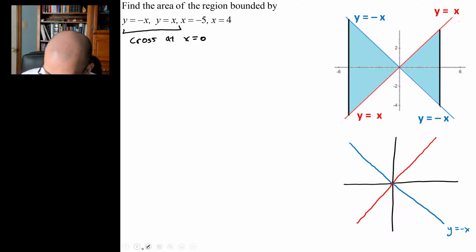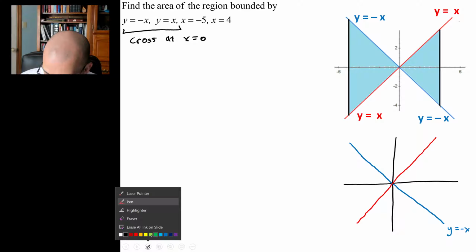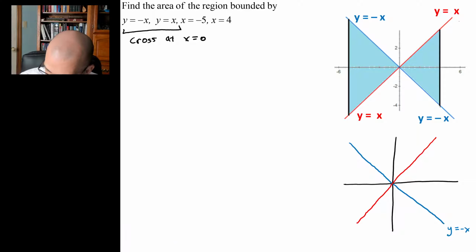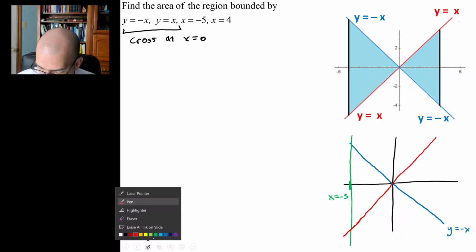Then I'm going to draw the other two pieces. We have x is negative 5, so that's this line, which creates this region. And we have the line x is 4.